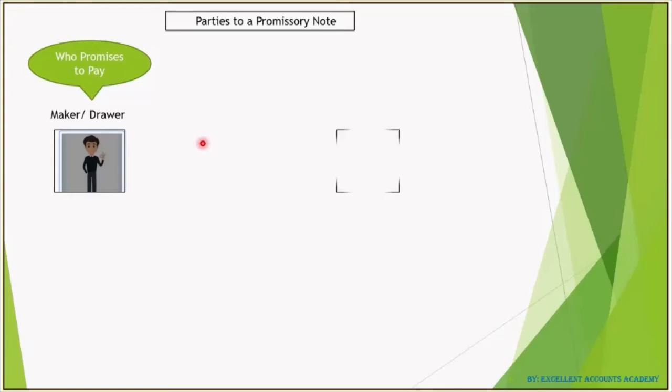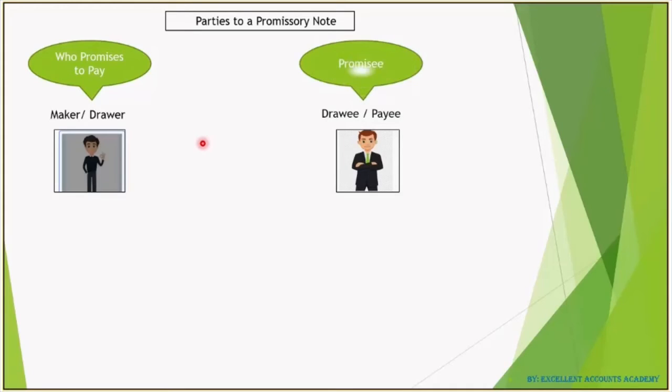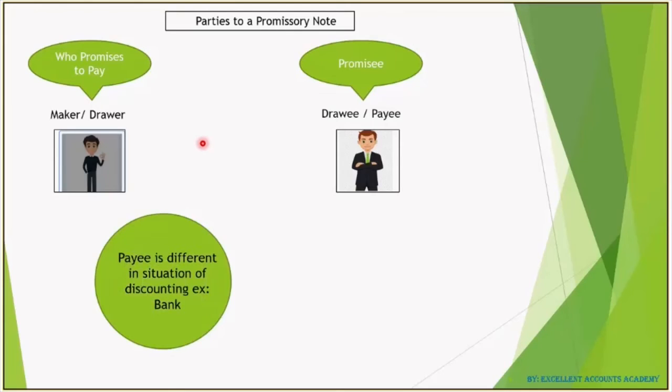Likewise, the drawee or payee is basically the promisee who will be receiving the money. The payee is different in a situation of discounting. For example, if the bill is discounted with a bank, the payee will be different, because in that case the bank would be the payee. I will talk about what discounting is in a later part of the slide.